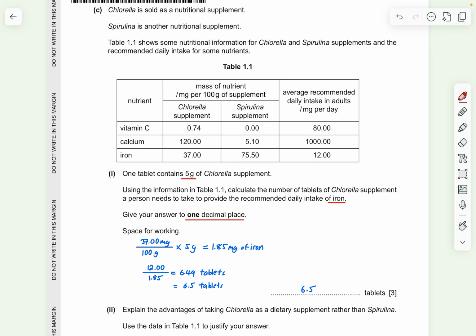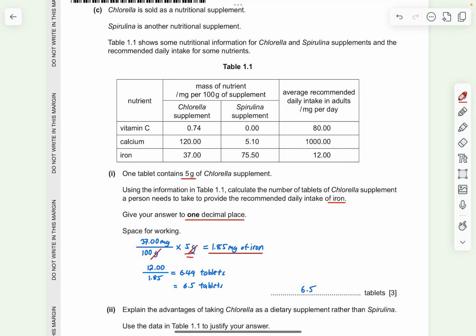So we focus on iron. They have told you that 37 milligrams is found in every 100 grams of the substance. So we take 37 divided by 100. Again, you don't need to change the unit. Just put it as milligram divided by gram. Why? Because you're going to multiply by 5. The 5 grams will cancel out the units and it leaves you with 1.85 milligrams of iron.